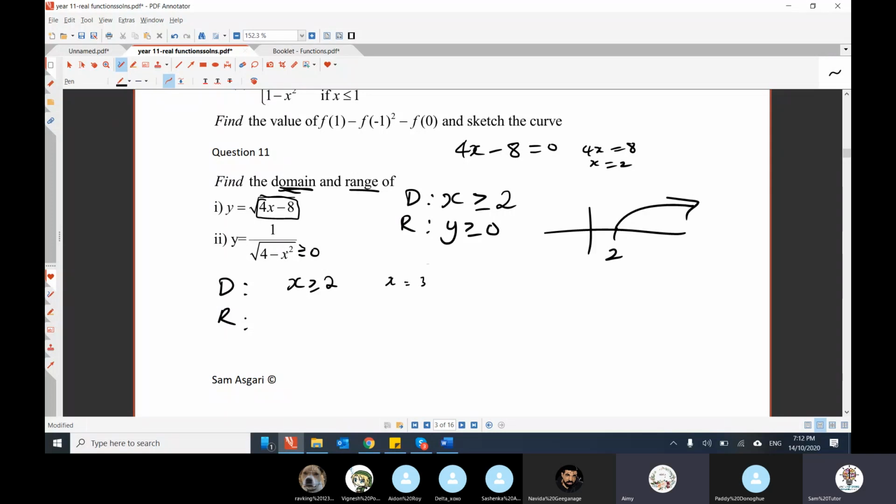Yeah. 3 squared is 9. 4 take away 9 is negative 5. Less than or equal to 2 now. So you're saying now negative 3 can work, right? Because all less than or equal to 2. So then negative 3 squared is 9, 4 take away 9 is negative 5. That was a good experiment. I like it. You're very close, but at least you're getting the idea of it.